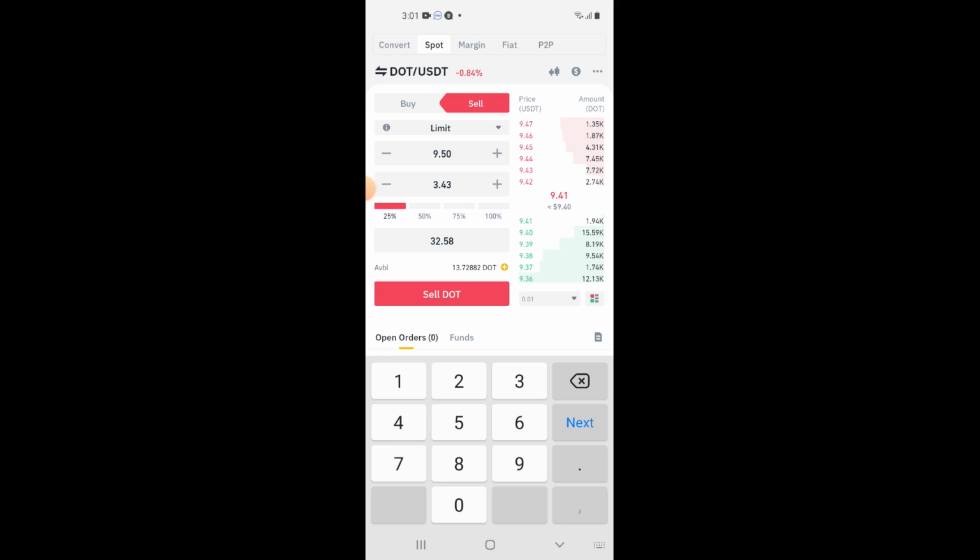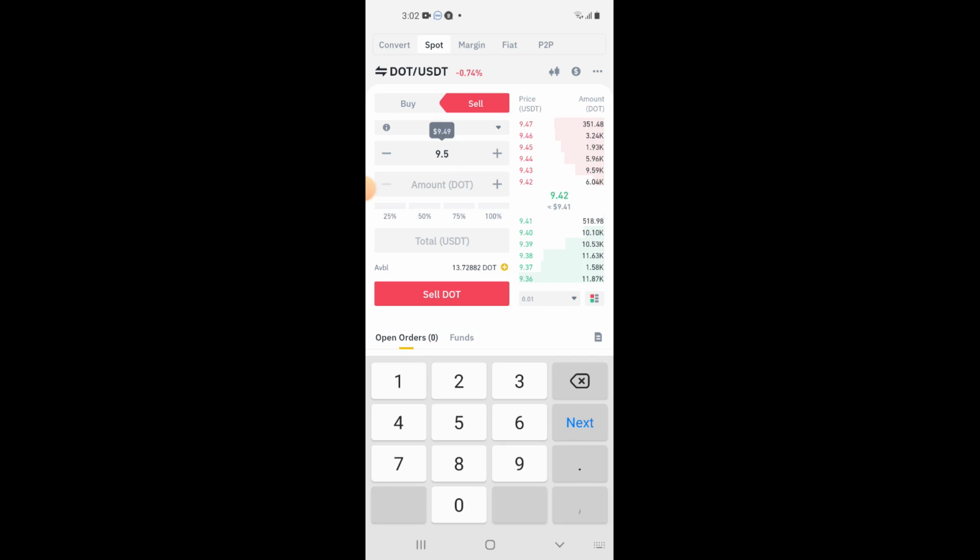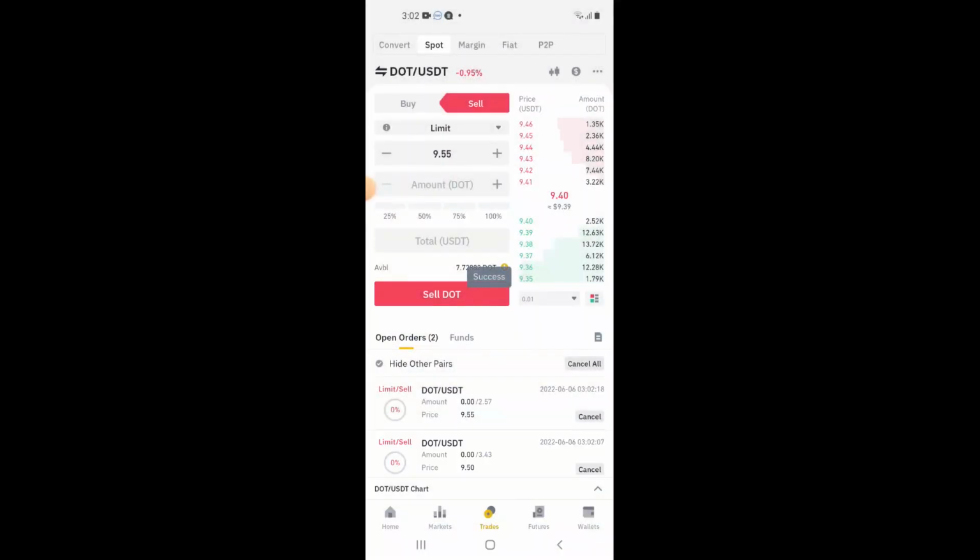As it's written there, it's up to us if we want to sell 100% of it or 25%, 50%. So we're gonna sell it in parts, so the profit will be more. We click sell, success, and then we put the next order, 9.55. You want to sell again, success, and then the next order.